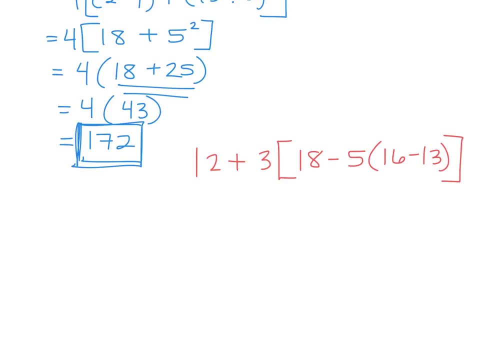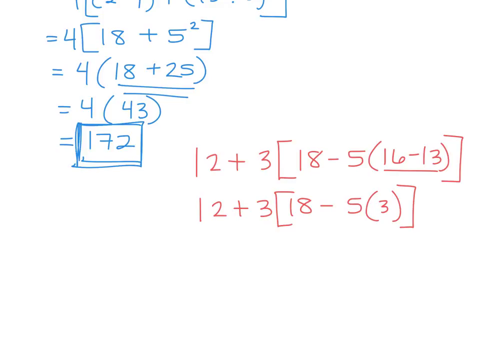What is going to happen with P? So what's your first step with the parentheses? Right, so what numbers? 16 minus 13. So this would be number 1. So it's going to be 12 plus 3 times 18 minus 5 times 3.